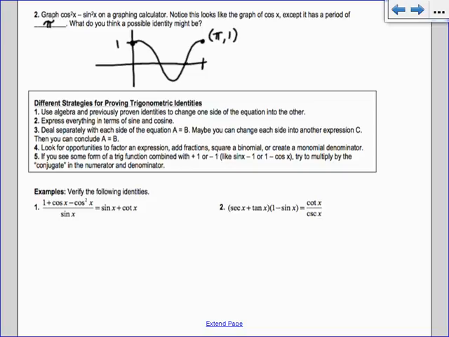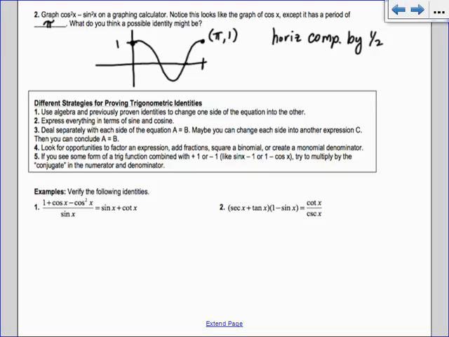So what this means is that instead of 2 pi, we compressed it into pi. So we had a horizontal compression by 1/2. So what does this mean about our graph?